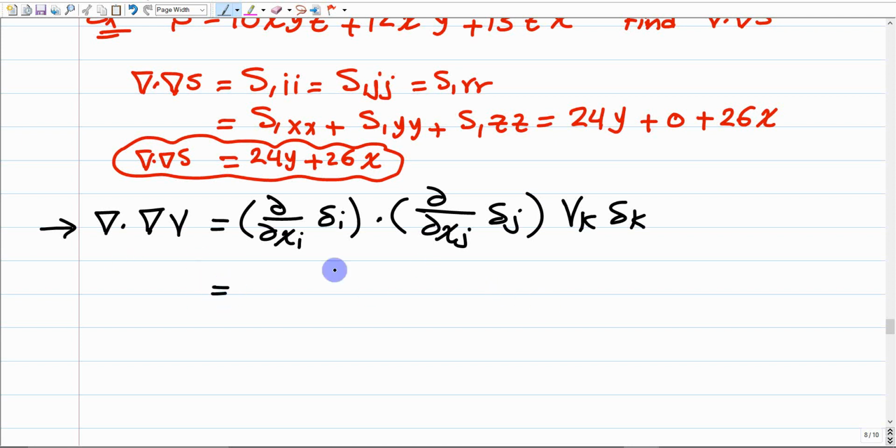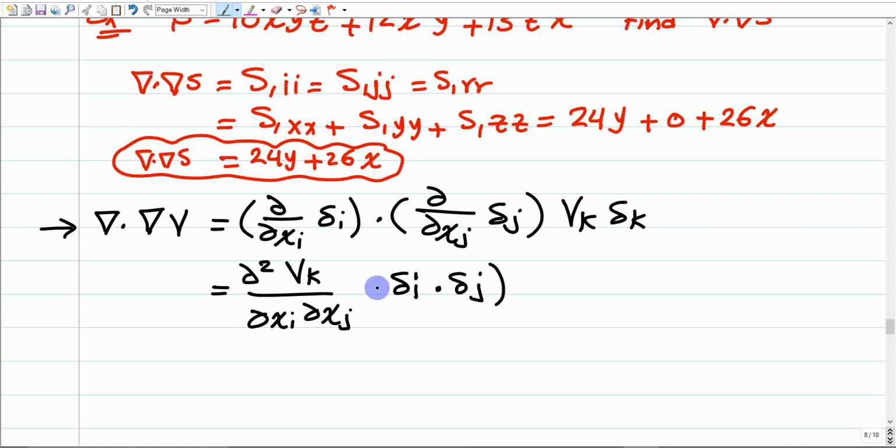So let us do the calculations here. We're going to multiply times v directly, so we end up with the second derivative of v_k with respect to x_i and with respect to x_j. Make sense? Then we do the operations over the deltas. So we have delta i dot delta j. This is one operation, and the result should be multiplied times delta k.